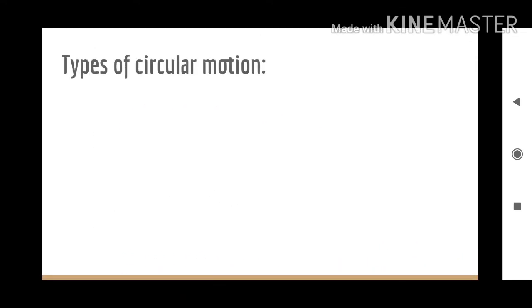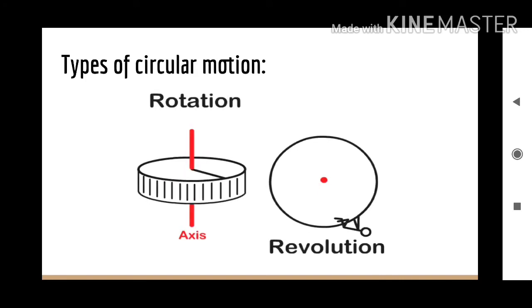So types of circular motion. There are many types of circular motions actually, but I want to focus on two main types. One is rotation and the other is revolution. You can clearly see the difference between both of these types of motions here. Both are circular. In both types of motion, the object is tracing a circular path.